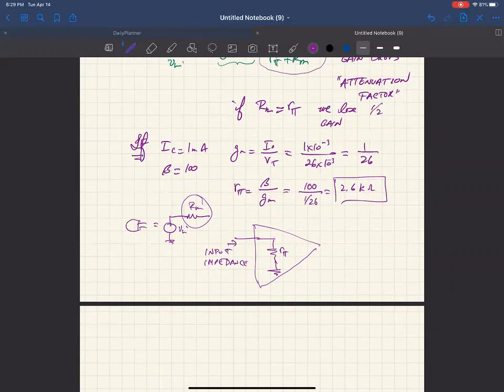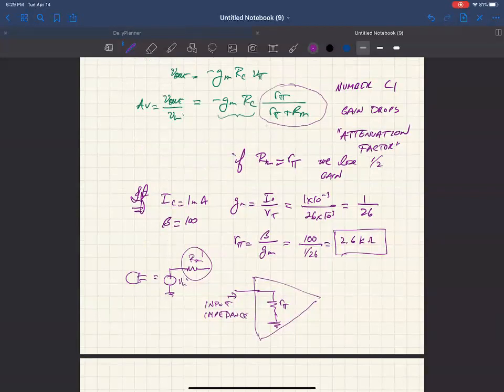But it's something that's affecting our gain significantly, and it's something we need to worry about. Just because the amplifier has a certain gain by itself without anything realistic driving it, it doesn't mean that's the real gain in the application.